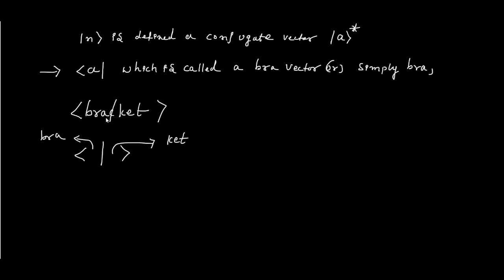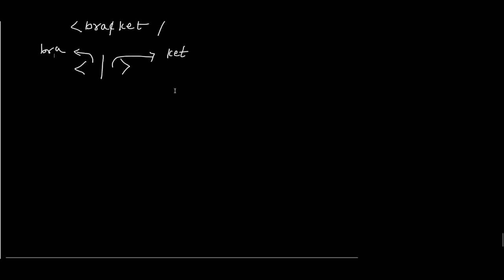The words bra and ket were designed from this bracket. So in quantum mechanics, normally we represent the state vector like this, wave function psi, which means this is the ket vector.